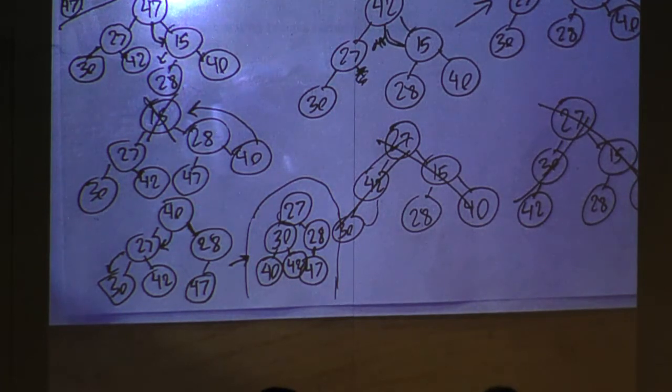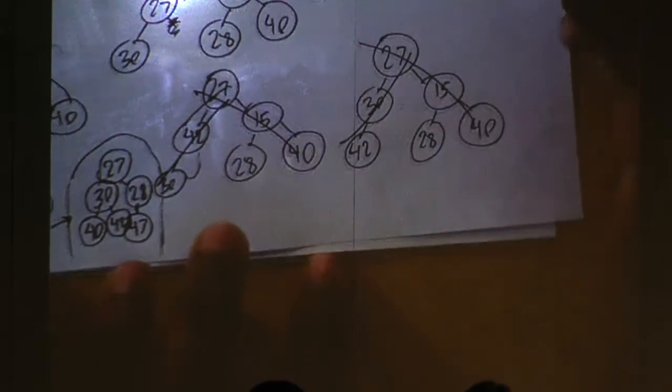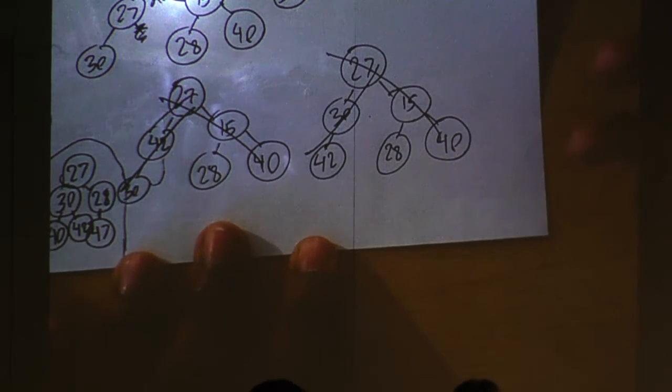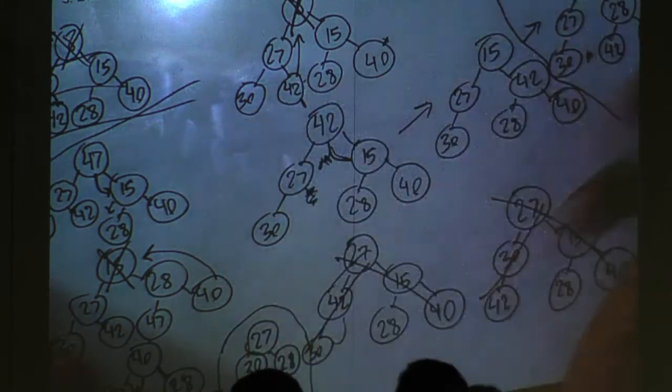When you're inputting a value, let me use this one here. Say we want to input another 30, right? One way you could write it is if you were to try to put 30 here, you'd go down this here and put the 30.